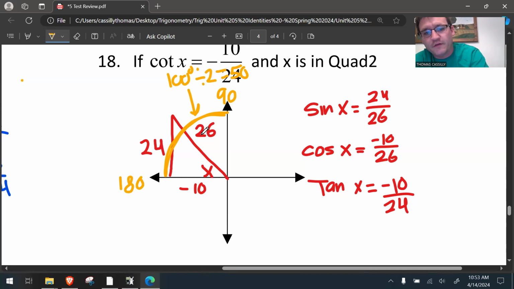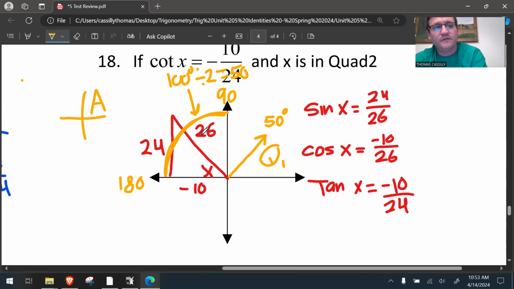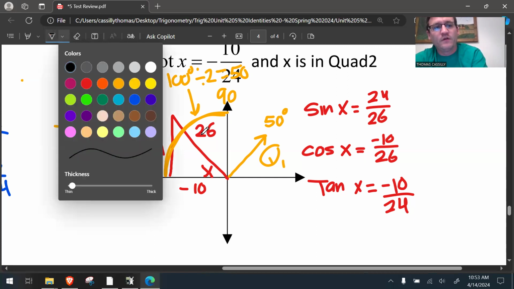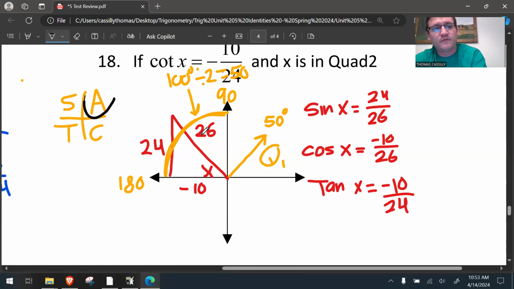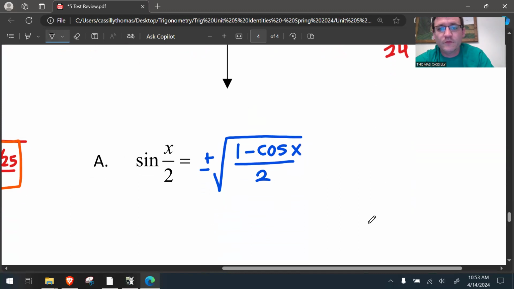That tells us a 50-degree angle is in quadrant 1. We know sine, cosine, and tangent are all positive in quadrant 1. So for all three of these, they're all going to be positive values.